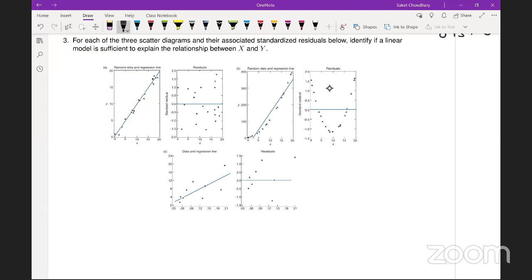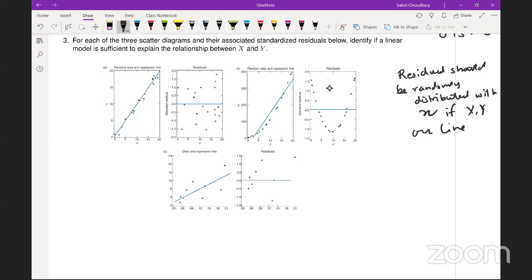The only condition that we need to satisfy is that the residuals should be randomly distributed with x if x and y are really linear. So let's try part A. Does anyone want to take a guess, or tell me what their answer should be for this?